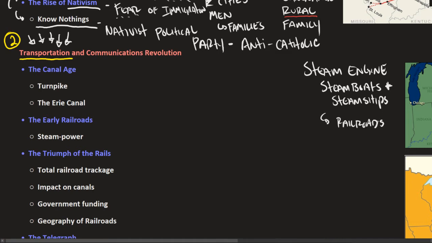And so when we talk about the transportation, sometimes called the transportation revolution, in fact, again, 1815 to 1850 is kind of what we're talking about here. It's really this down here, railroads, that becomes the last and most important step here. In 1815, transportation in the United States was abysmal, right?